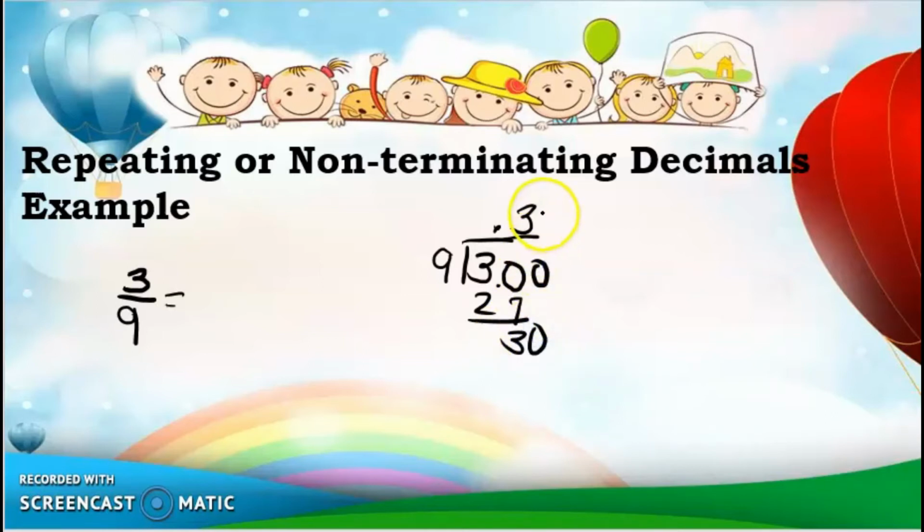Add 0, that is 3 again, 27 again, and 3 again. It just repeats. So our answer is 0.333, and if you continue, you will never finish.